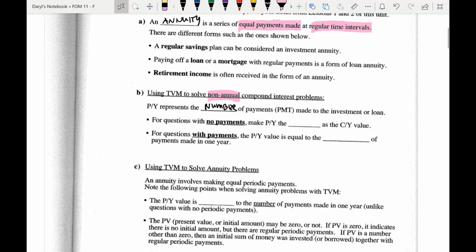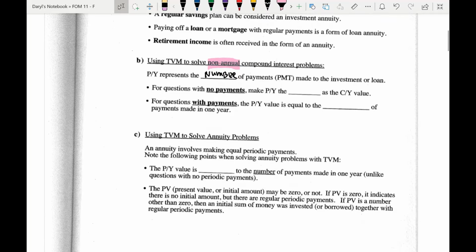PY represents the number of payments PMT made to the investment or loan. For questions with no payment, you need to make PY the same as the CY value. For a question with payments, the PY value is equal to the number of payments made in 1 year. For example, if you're paying quarterly, you are making 4 payments in 1 year.